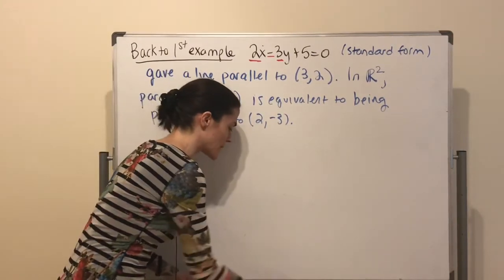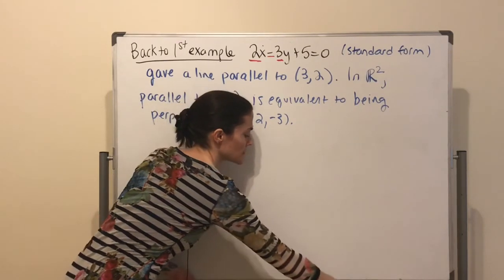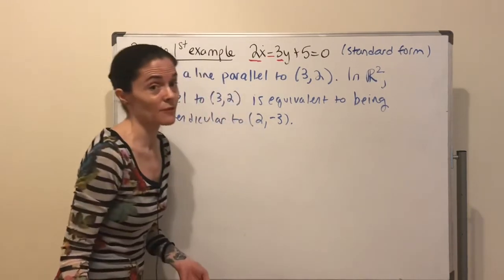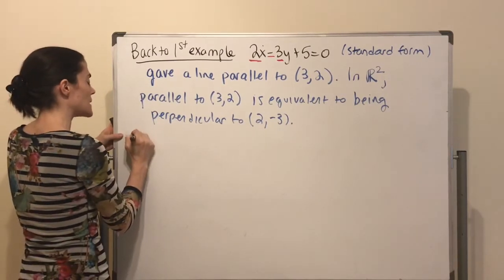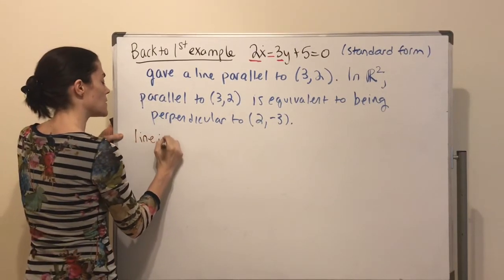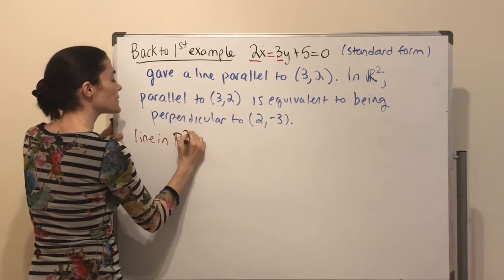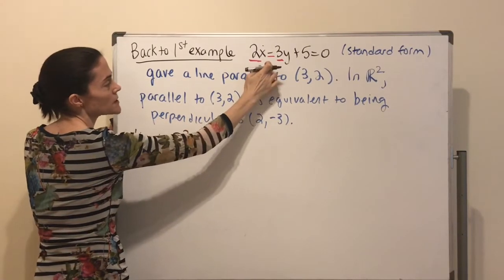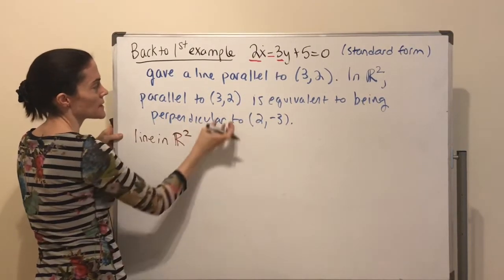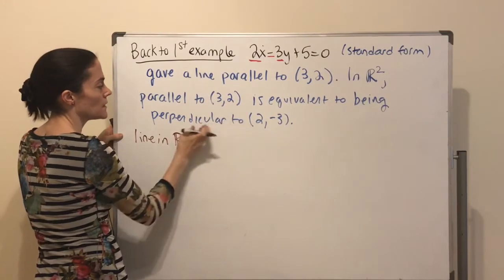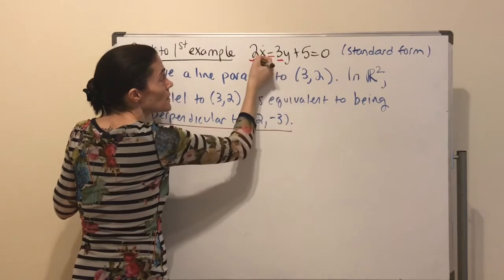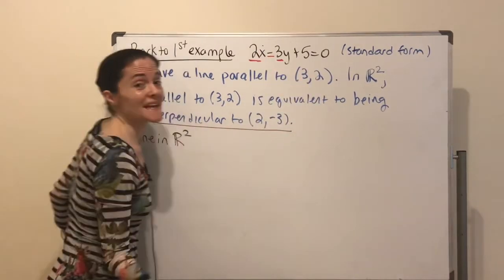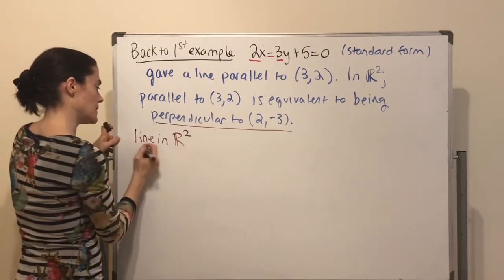So it was important that the dimensions worked out, because if you look at lines in R3, you can't really make a similar statement. So what we had was a line in R2 here, and this type of equation gave something that was perpendicular to what we read off from the equation, right?